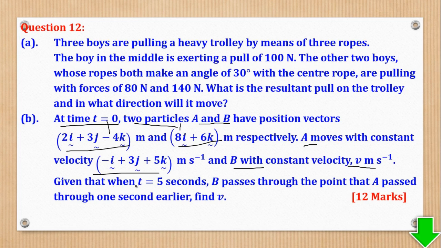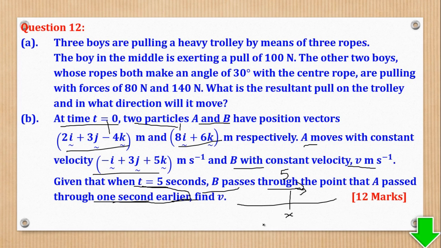Given that when t is equal to 5, B passes through a point that A passed through 1 second earlier. Now this is where the interpretation is needed. So let's say this is the point where B passes. So B will pass through that point when t is 5.